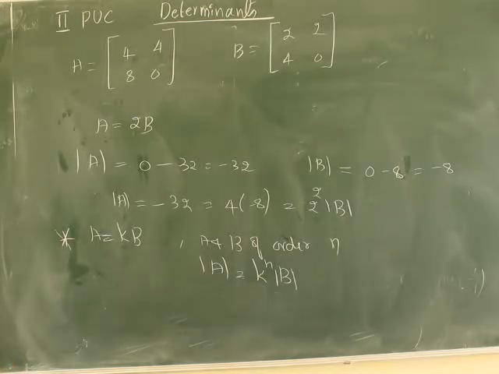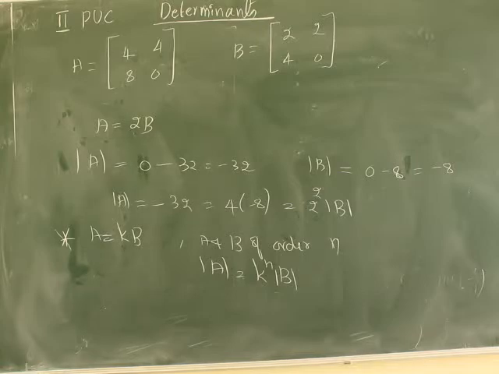So to calculate the determinant in an easy way, expand the given matrix along the row or column which contains the maximum number of zeros, because when we multiply by zeros we easily get zeros.